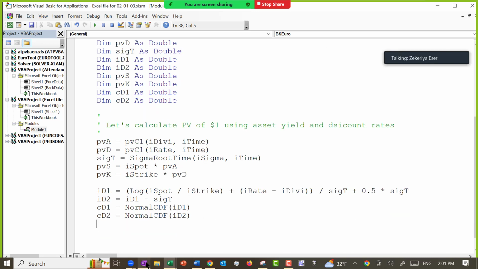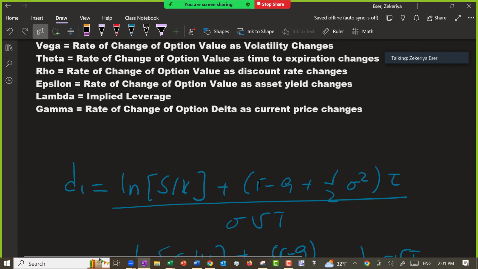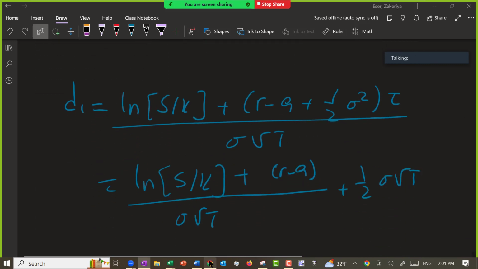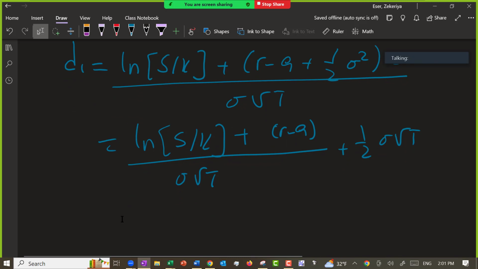For puts, I'm going to need those CDFs for negative D2 and negative D1. But nice thing about, because of the symmetry, phi of negative x equals 1 minus phi of x.